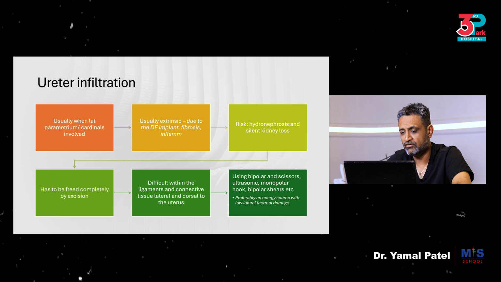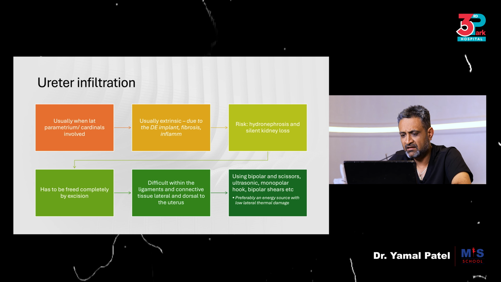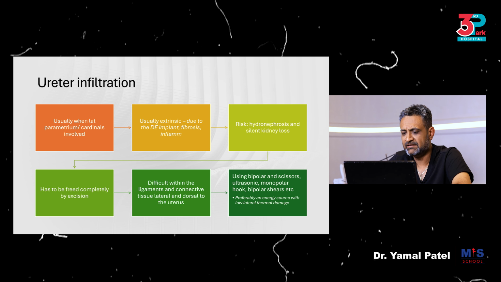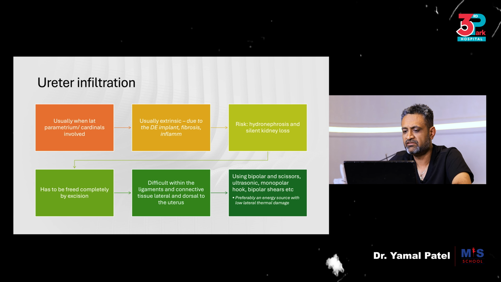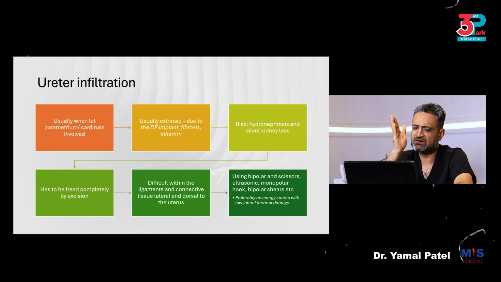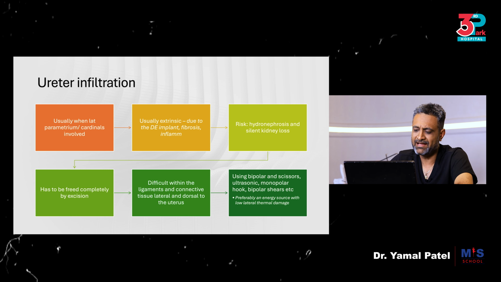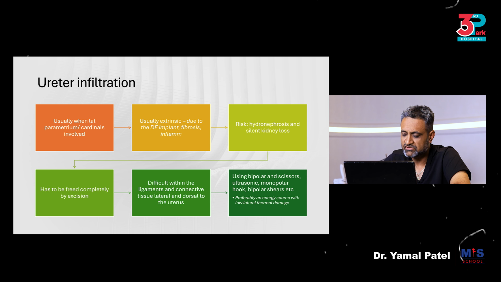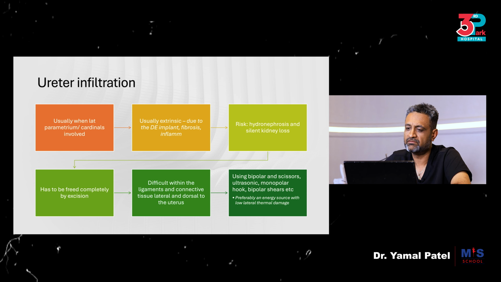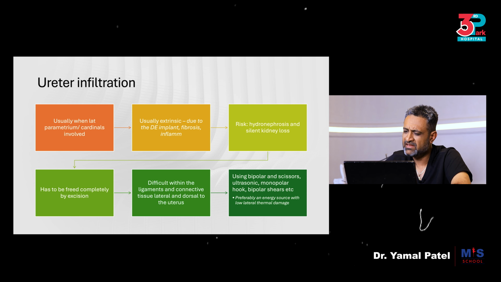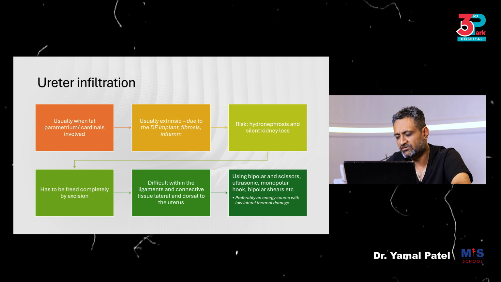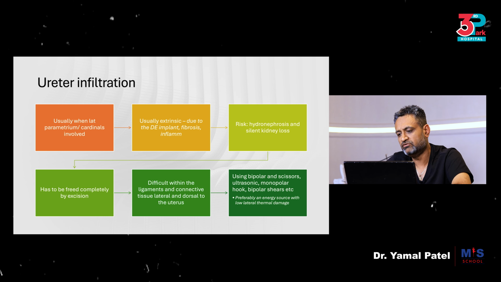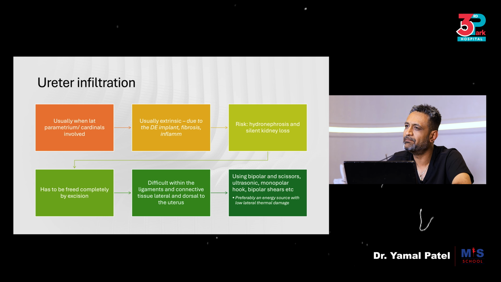It is difficult within the ligaments and connective tissue, lateral and dorsal to the uterus. So you have to understand it might be difficult, especially immediately lateral to the insertion of the torus. And you can use bipolar and scissors, you could use the ultrasonic, you could use the monopolar hook, you could use the bipolar shears.